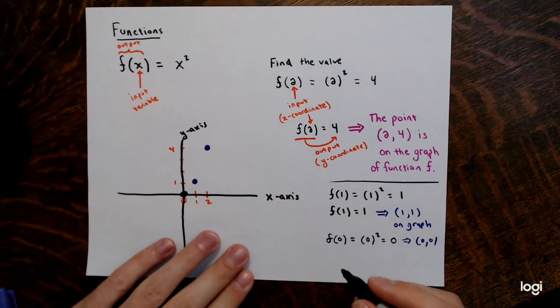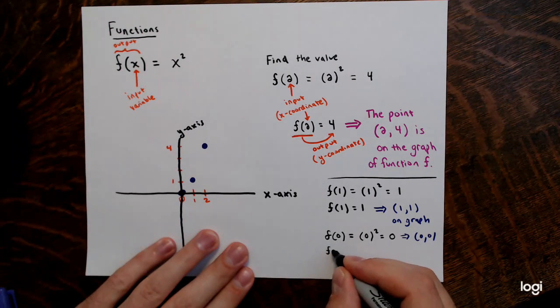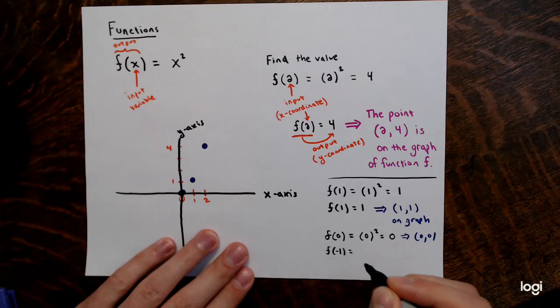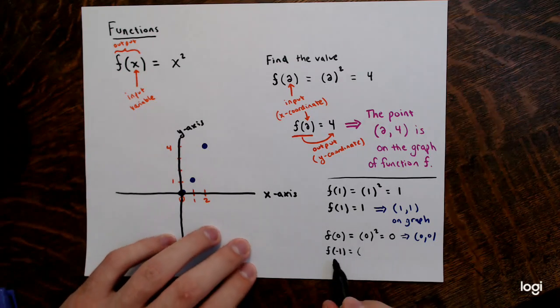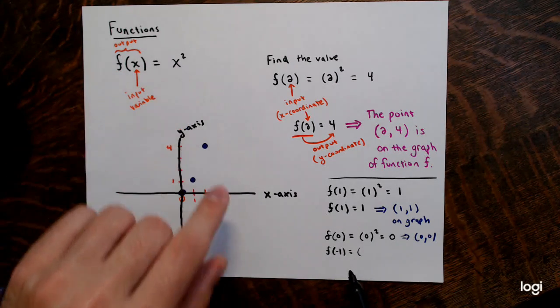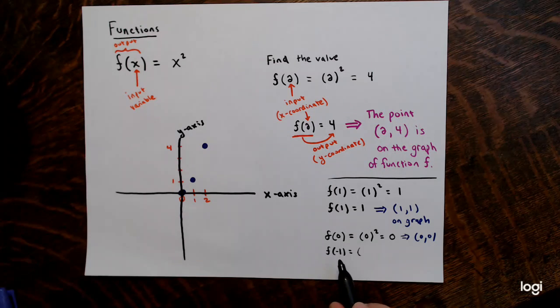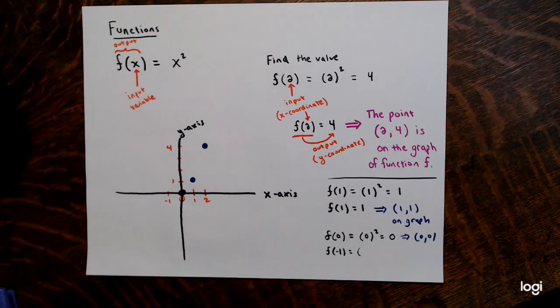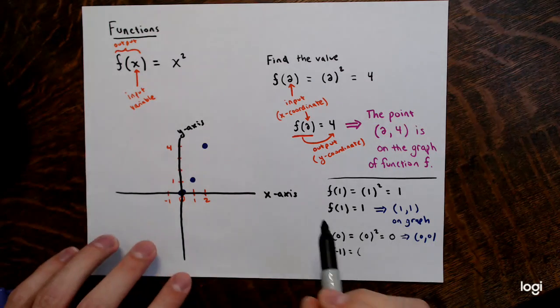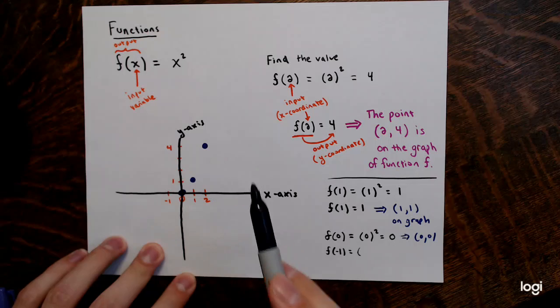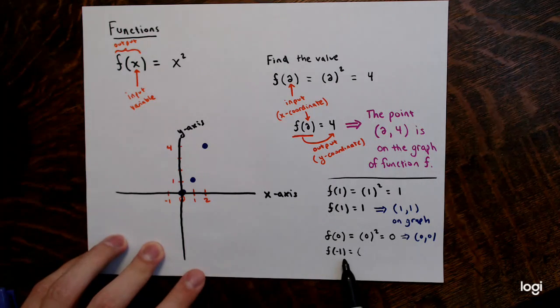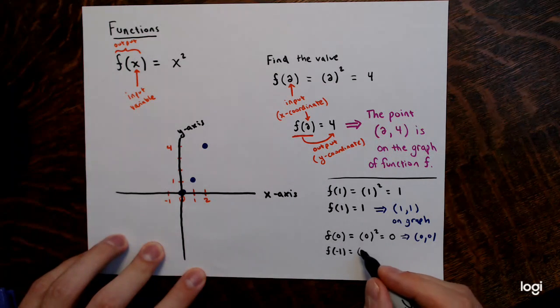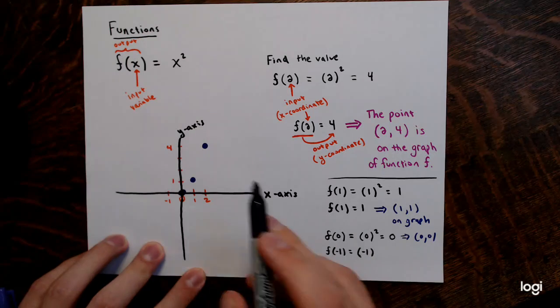And I'll just do a few more. All right. The value of f at -1 would be, again, go to my rule for f. This is telling me now my input, my x-coordinate is -1. So I'll mark that on the x-axis. And then what it's equal to over on the other side of the equal sign, that'll give me the output. What is the value of f at -1? So I just replace x with -1.